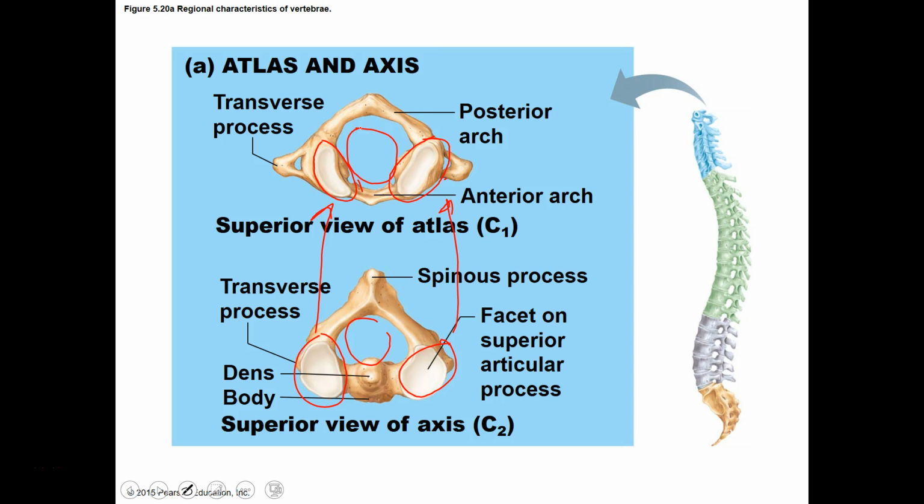The interesting thing about these two: if there is a fracture and a separation of these at this point, and it's a significant enough separation because of some sort of injury, it is instant death, because it's going to sever the spinal cord before it branches out to the heart, and the heart will stop beating.